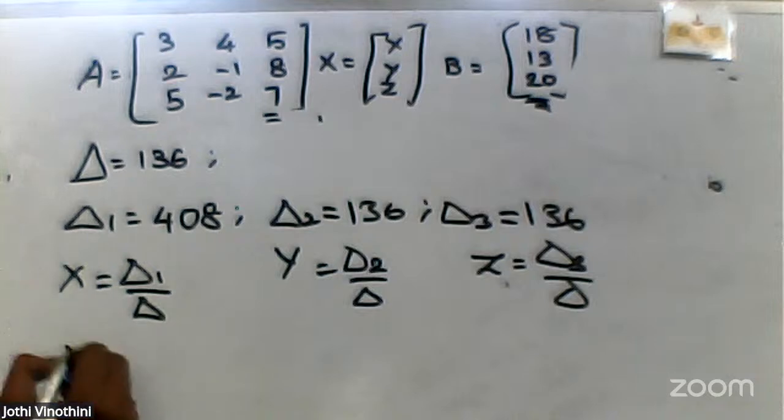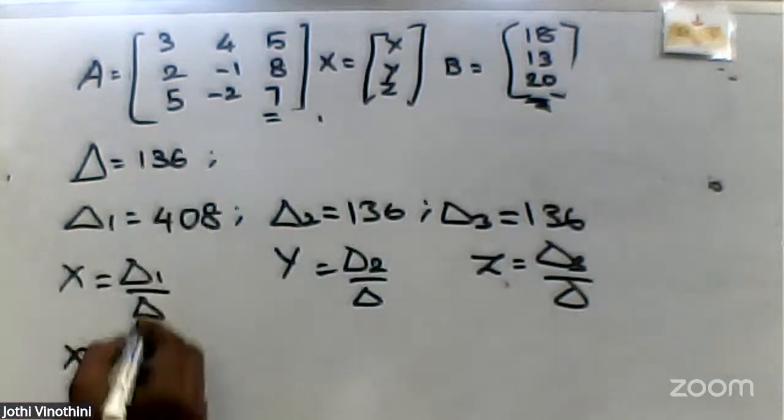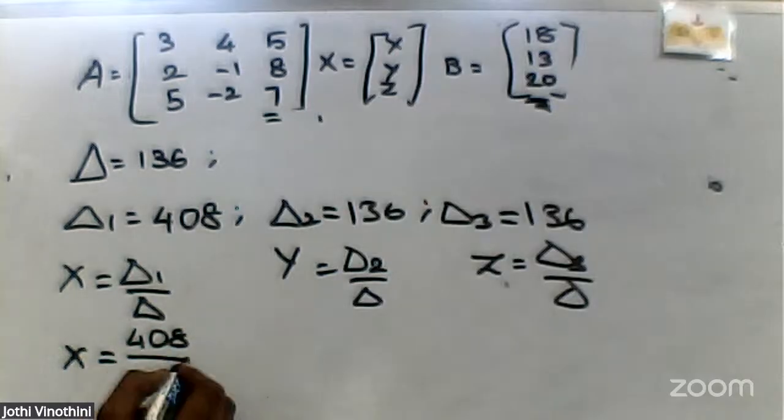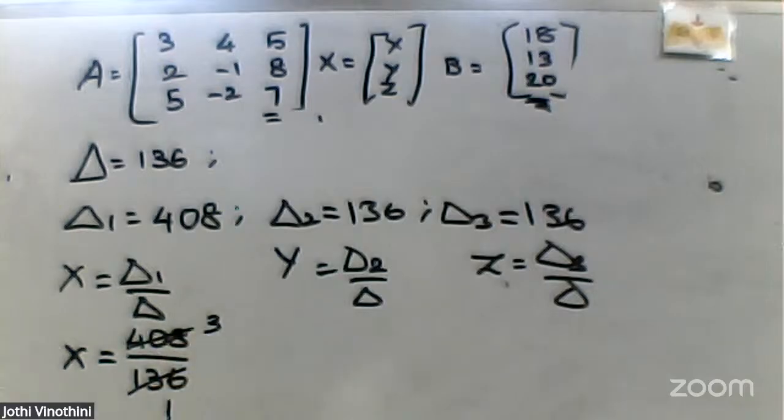So x equals del 1. What is del 1? 408, right? Divided by del, which is 136. We can cancel it: 3 into 136 is 408. So we can say x equals 3.